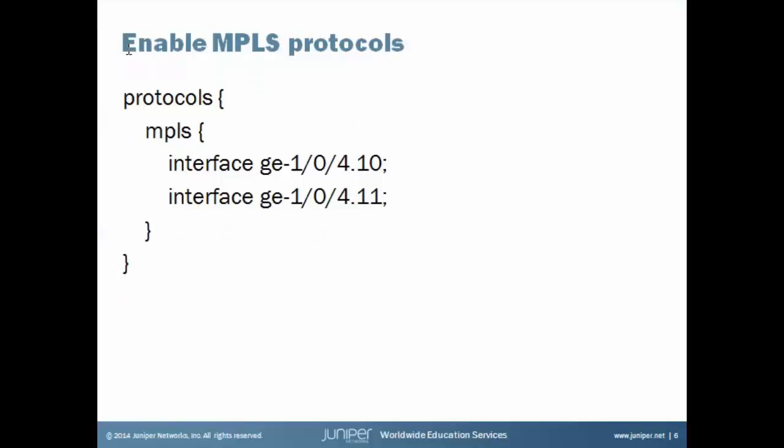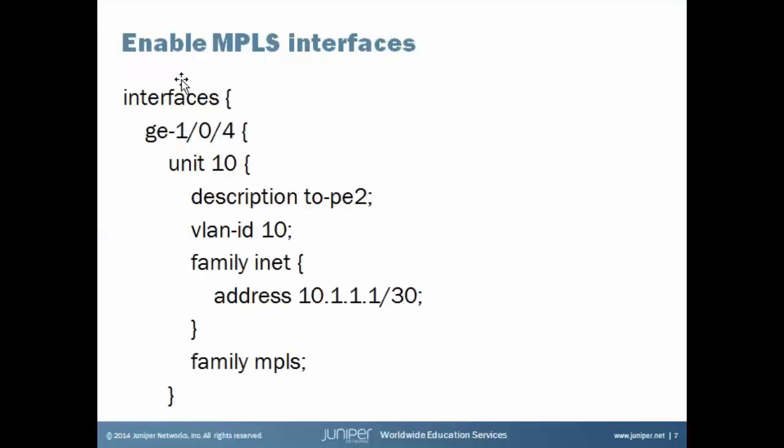After that, we enable the MPLS protocol. Set protocol MPLS interface ge-1/0/4.10 and set protocol MPLS interface ge-1/0/4.11. These are also the interfaces facing from PE1 to PE2 and PE3. For the interface, we must add family MPLS.